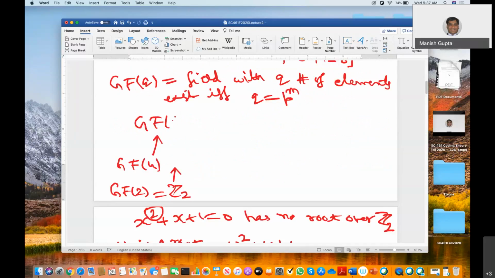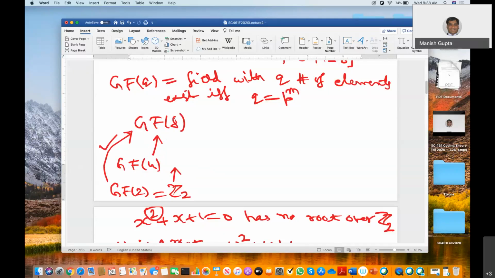Now GF8 can be constructed from GF2 the way I have shown you. It can also be constructed from GF4 directly by taking a degree 2 polynomial there. Both ways are possible, but I would suggest you follow this path from GF2 to GF8.